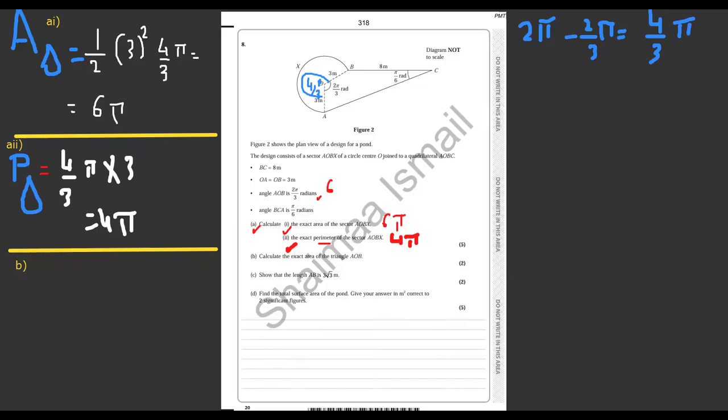Okay, in this question, he wants the exact area of the triangle AOB. So mark it AOB. So we have a 3 and 3, and we have this theta, 2 over 3 pi.